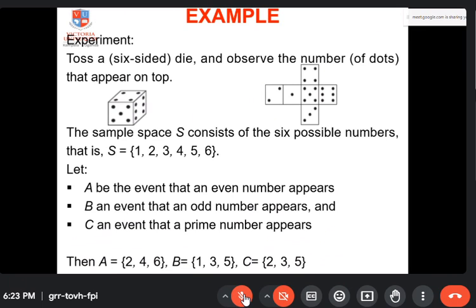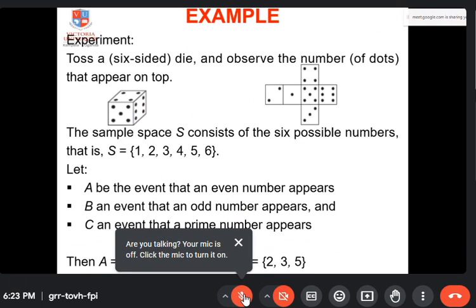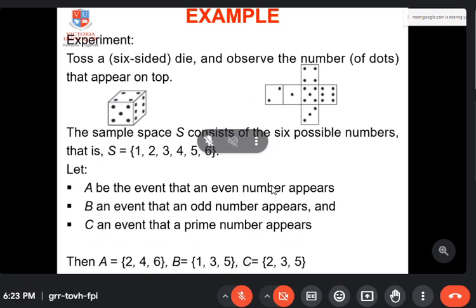So here, those are the sets we have. Set A, like we said, is a set of even numbers, which means that it is going to have elements 2, 4, and 6. Set B, a set of odd numbers. It will have 1, 3, and 5.